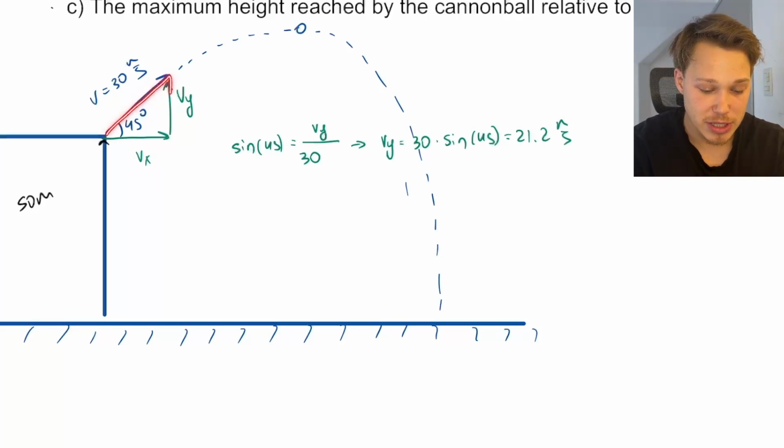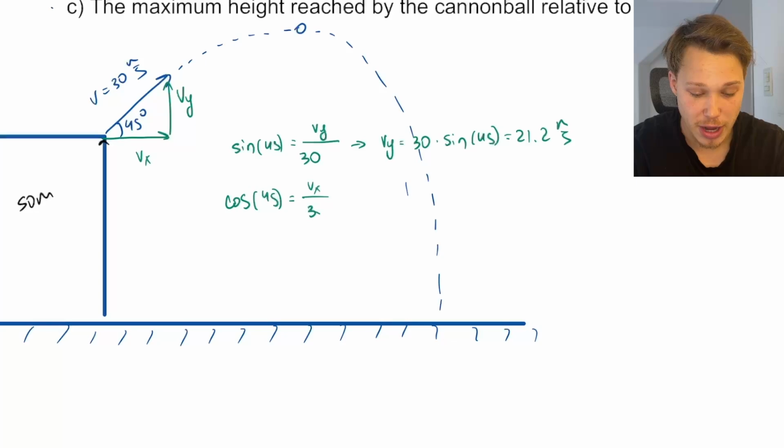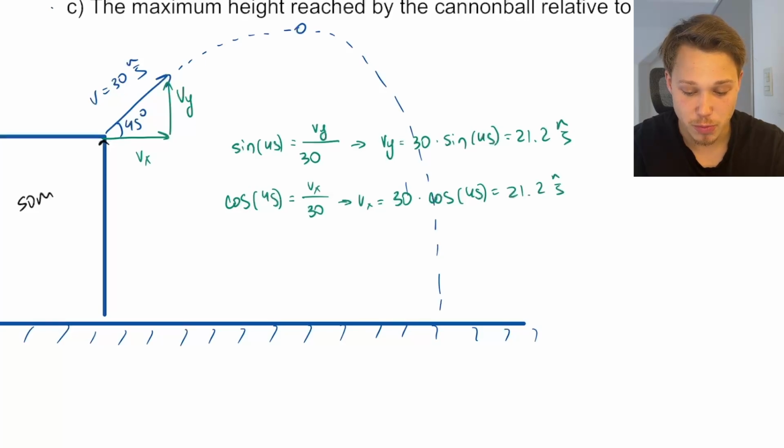Then, similarly, we'll solve for Vx by doing cosine, right? Cosine of 45 is the adjacent side over the hypotenuse, so SOH-CAH-TOA, adjacent over the hypotenuse. So Vx is 30 times cosine of 45, which will also be 21.2 meters per second.